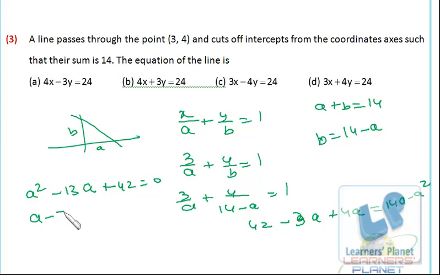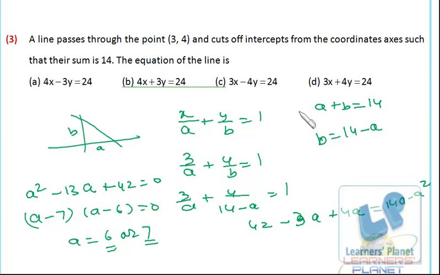So it is (A minus 7)(A minus 6) is equal to 0. So A is equal to 6 or 7. When A is 6, B will be equal to 8. When A is 7, B will also be 7. So we have two pairs of A and B. So with this we'll get two equations of the line.